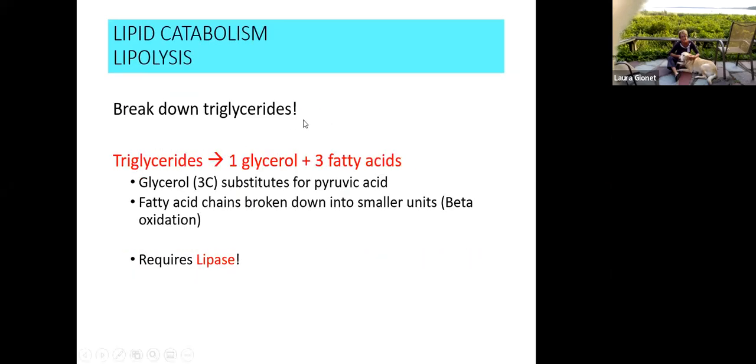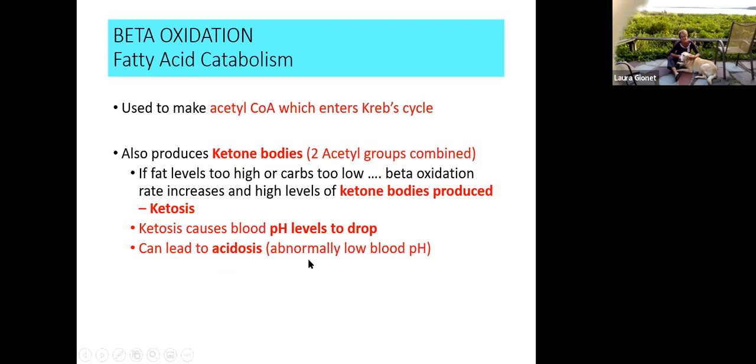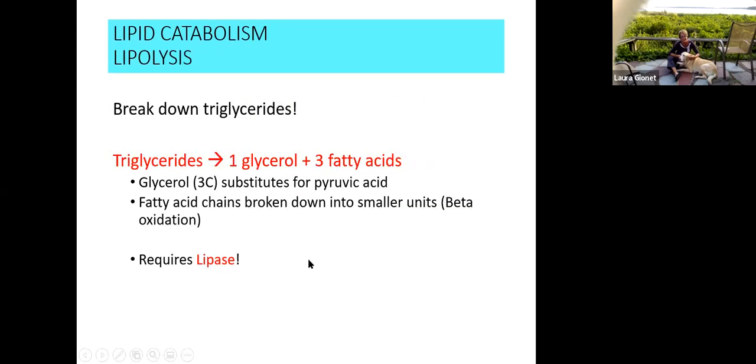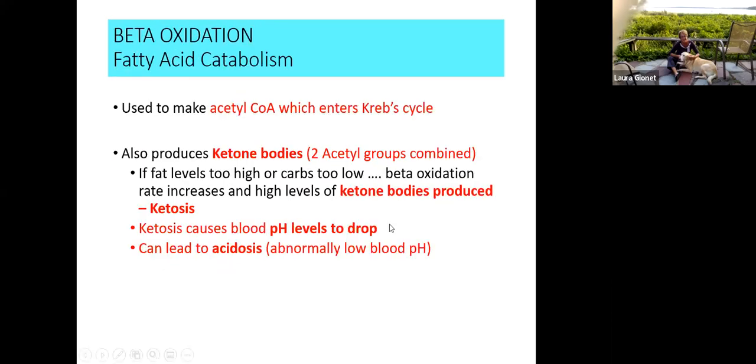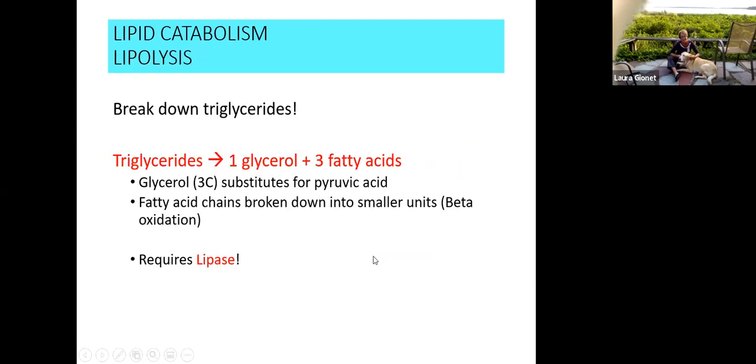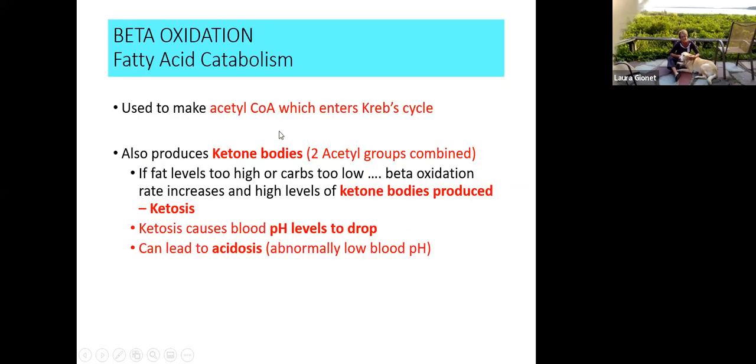All right. When we are breaking down fats, and we will often do that when we don't have enough carbohydrate to burn, some of the end products of breaking down these fatty acids during beta oxidation can be used in the Krebs cycle.